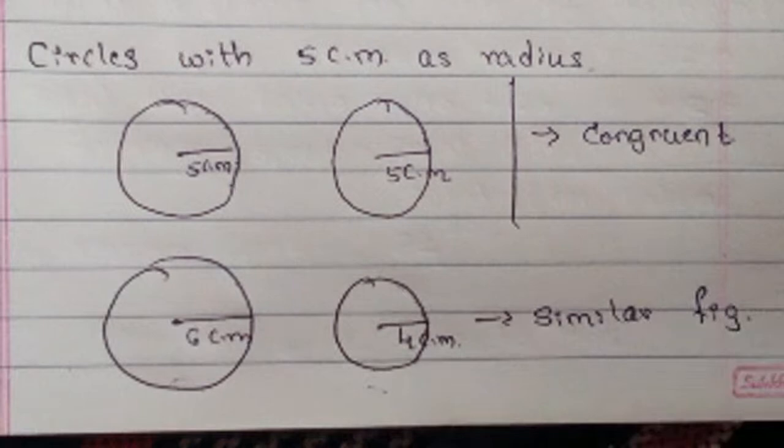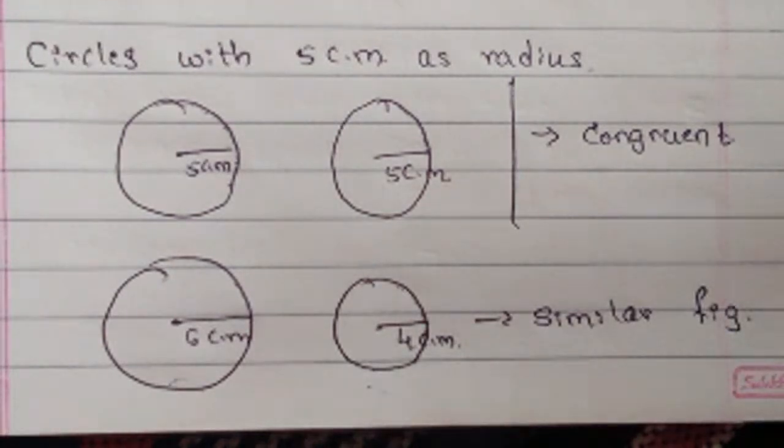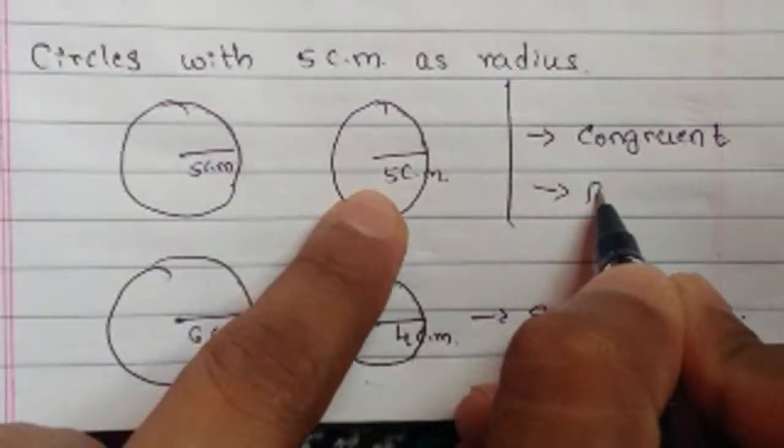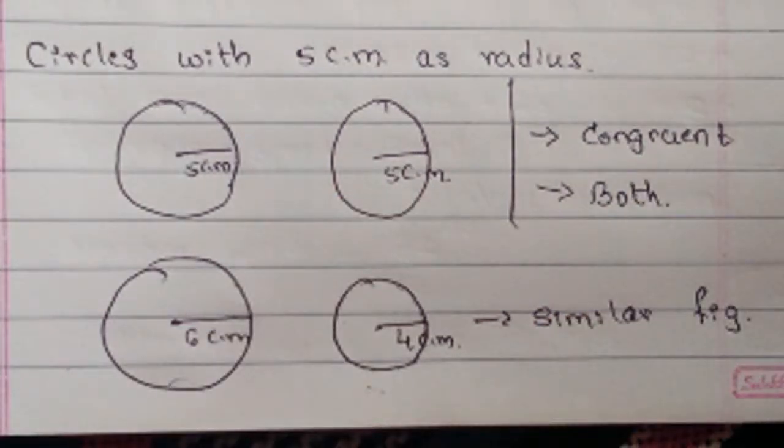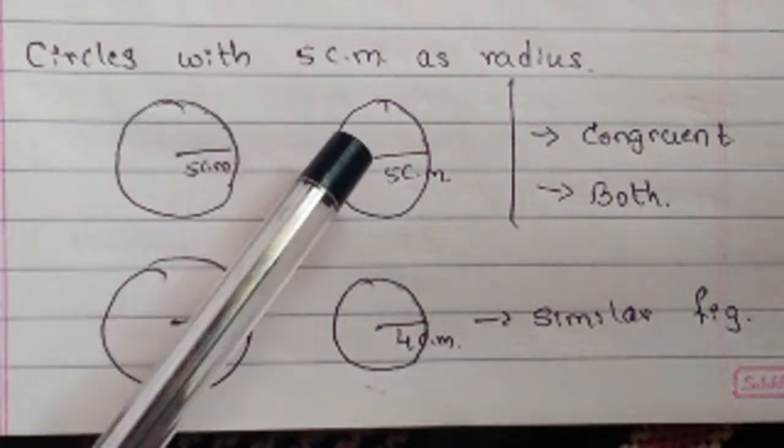But here we have to note one thing: if the figures are congruent, then the figures are similar too. That's why we can consider another option, that is both, because all congruent figures are similar figures.